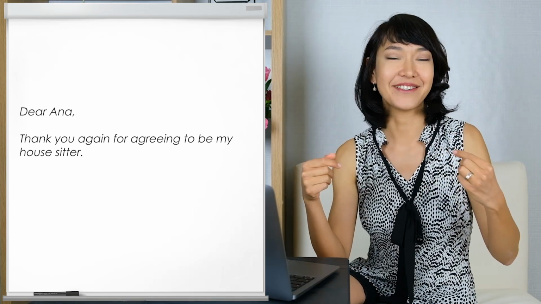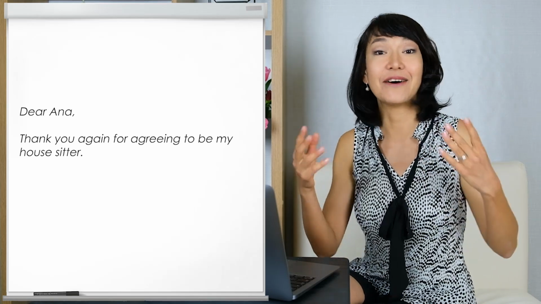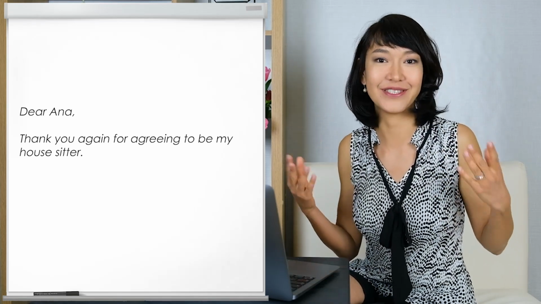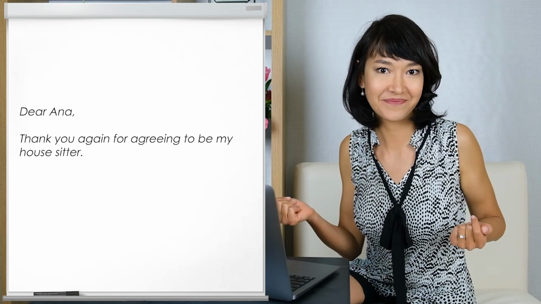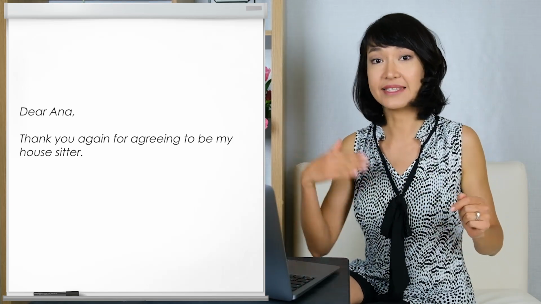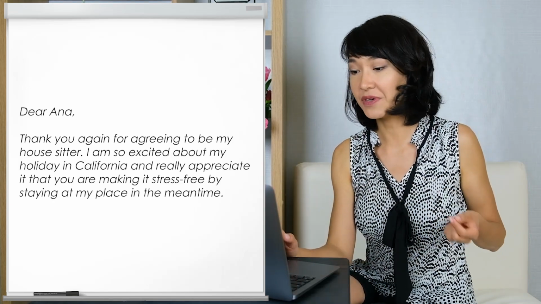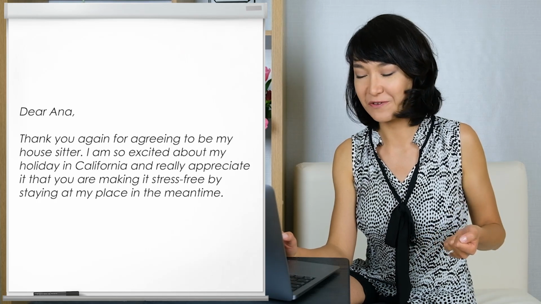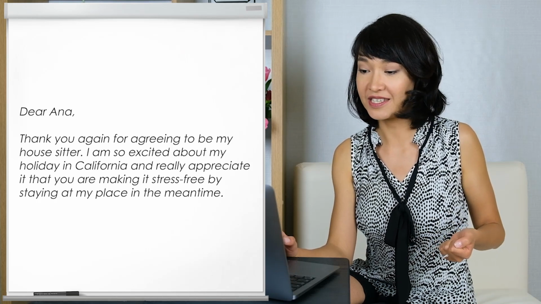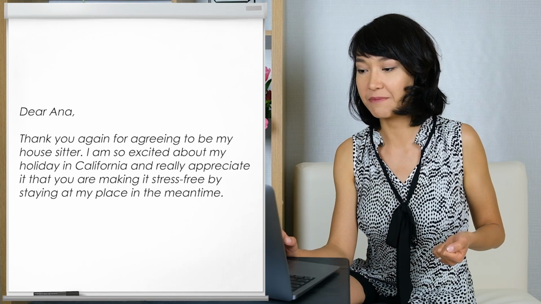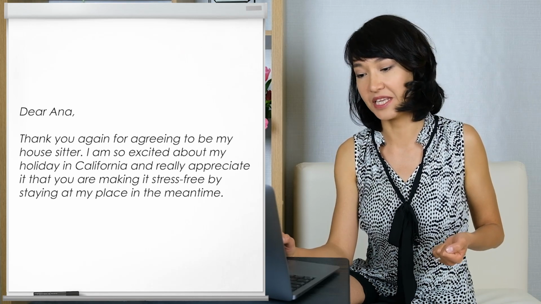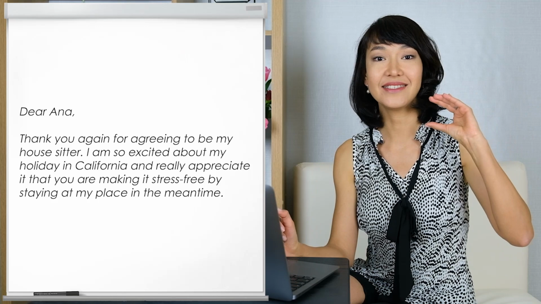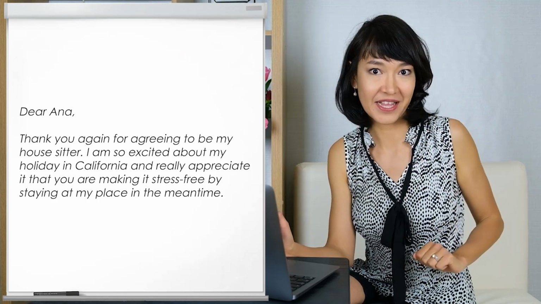A house sitter is like a babysitter, someone who stays with your house to take care of it while you're away. And now I expand a little bit. I am so excited about my holiday in California and really appreciated that you are making it stress-free by staying at my place in the meantime. Okay, this is the first paragraph of my letter.